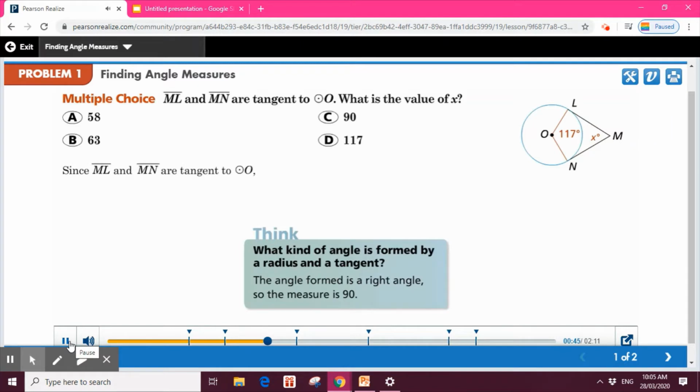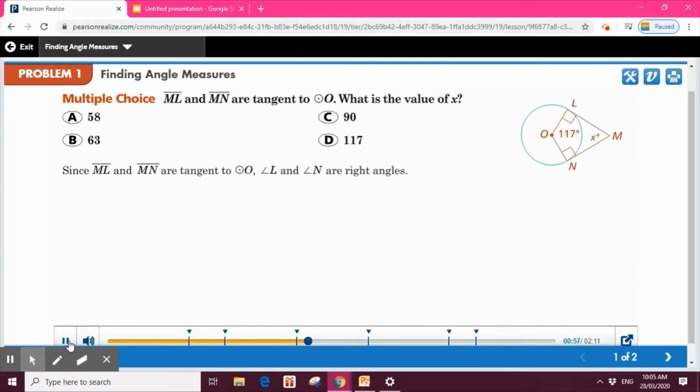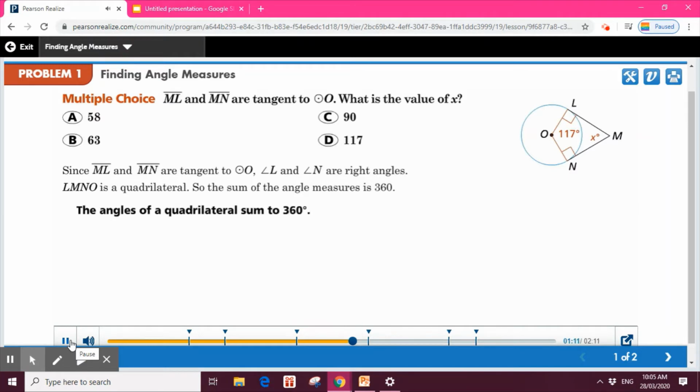Since segment ML and segment MN are tangent to circle O, angle L and angle N are right angles. LMNO is a quadrilateral, so the sum of the angle measures is 360 degrees. The angles of a quadrilateral sum to 360 degrees.